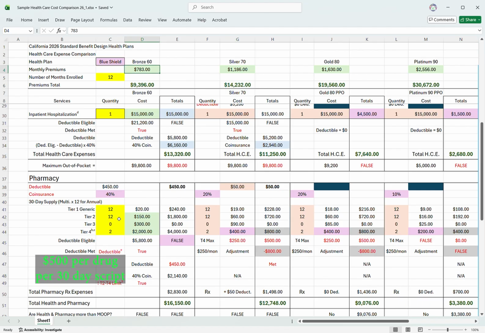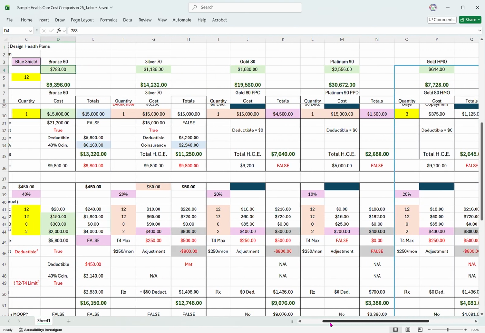But here, because the individual has purchased some tier 2 through tier 4 drugs, they have met the drug deductible of $450, and that is now going through. They have met the deductible, and that 450 is subtracted. We have the co-insurance and we have the total drug costs.